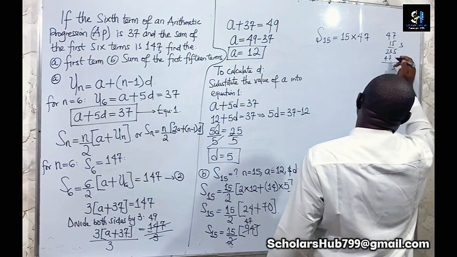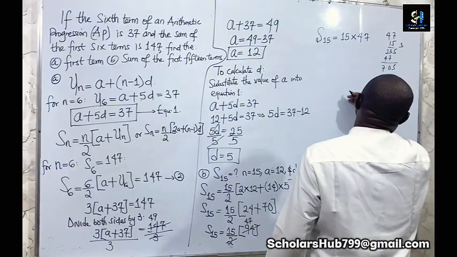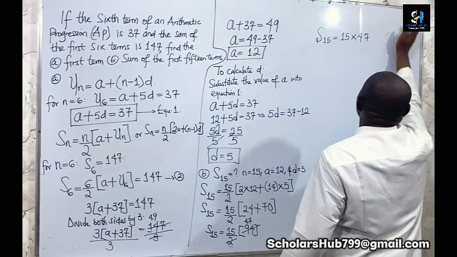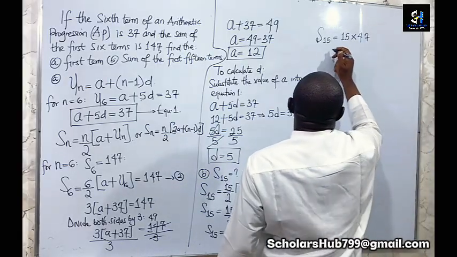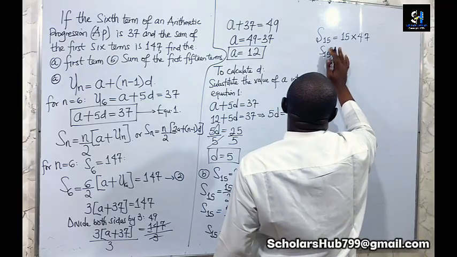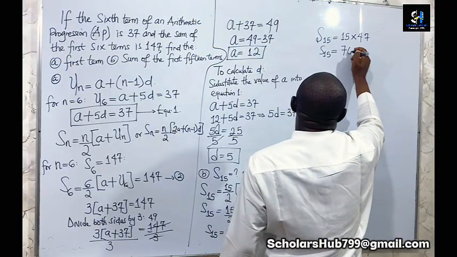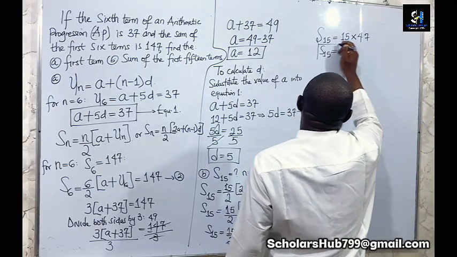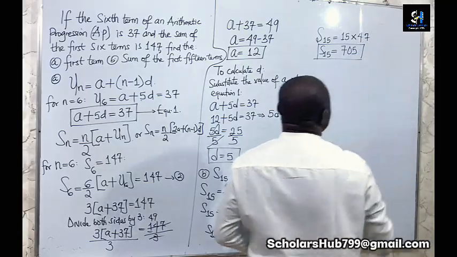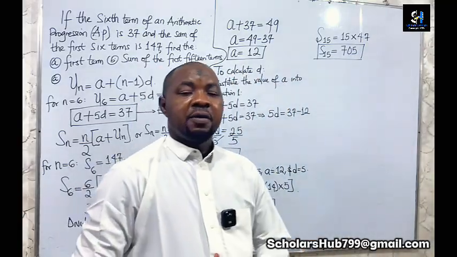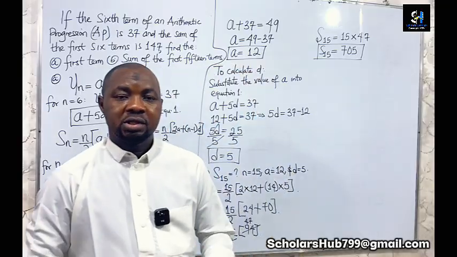So this will be 5, 0, then 7, so we have 705. So s subscript 15 equals 705. So the sum of the first 15 terms is 705.